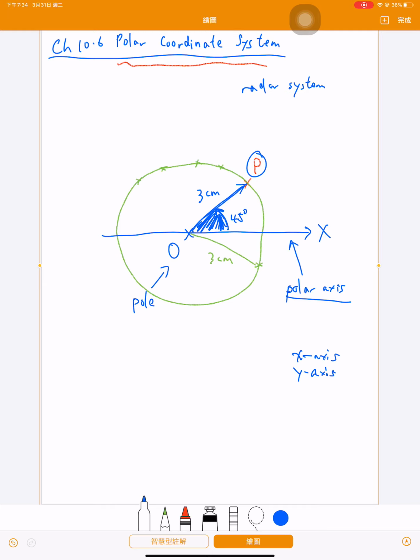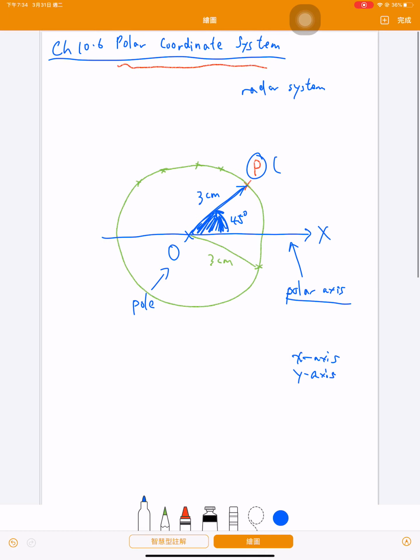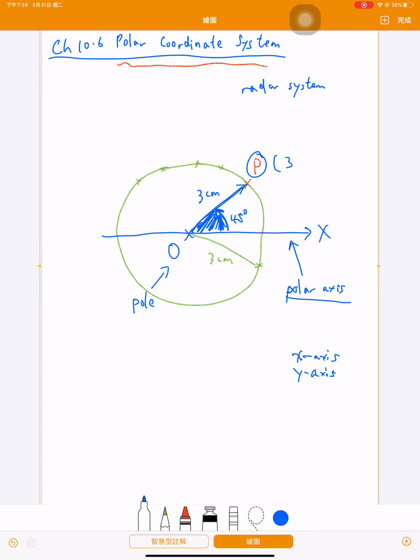Then we can tell the polar coordinate of P: it is 3 cm away from us, and the angle is 45 degrees starting from the polar axis.